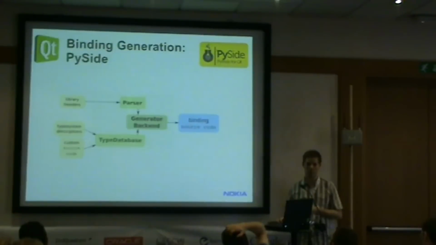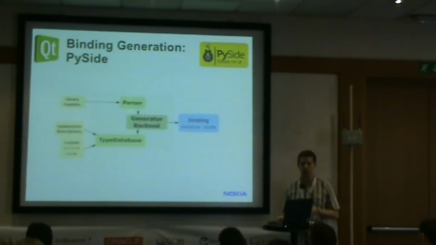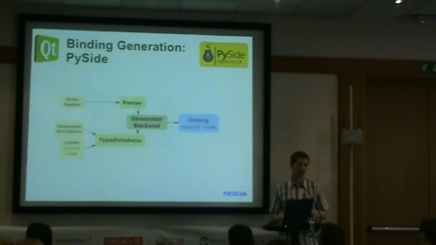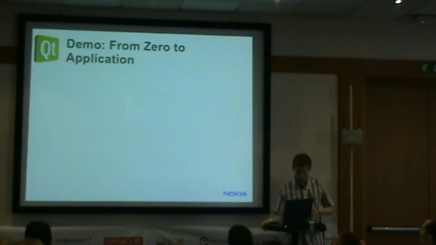So when you are building the bindings from source, you are going through all of these steps in an automated manner, and it can be very easily adapted to generate other Qt-based bindings or C++ bindings in general. Okay.